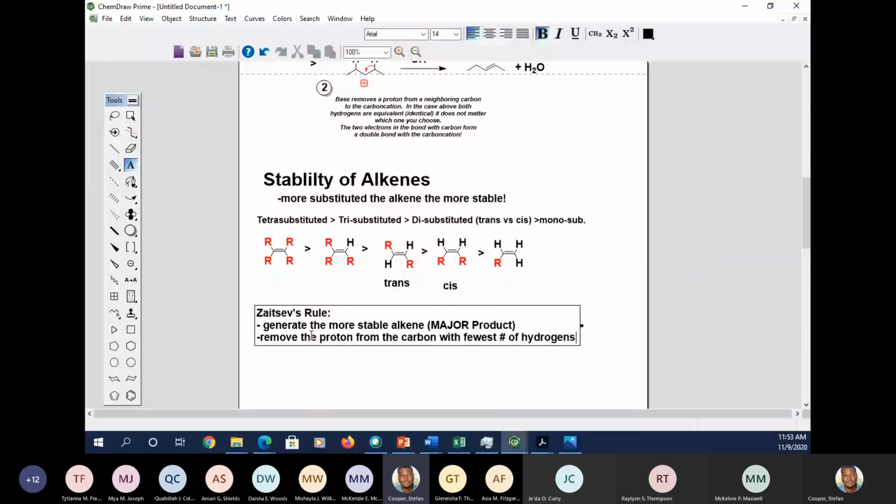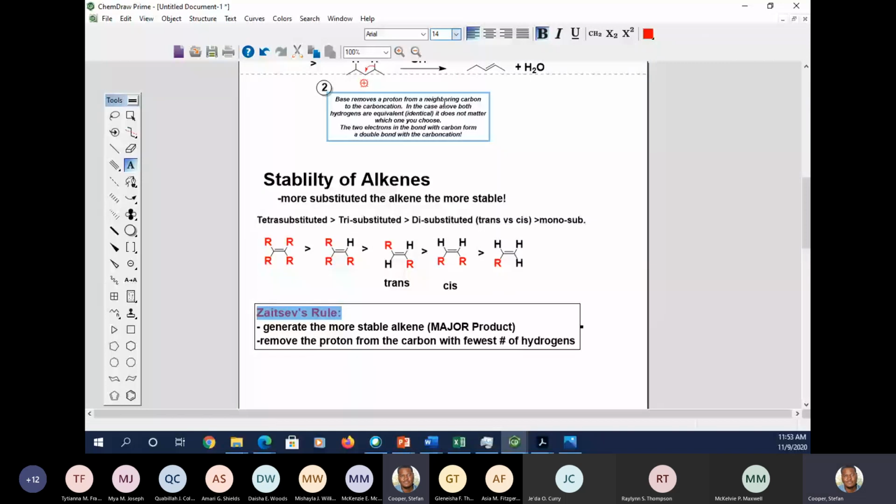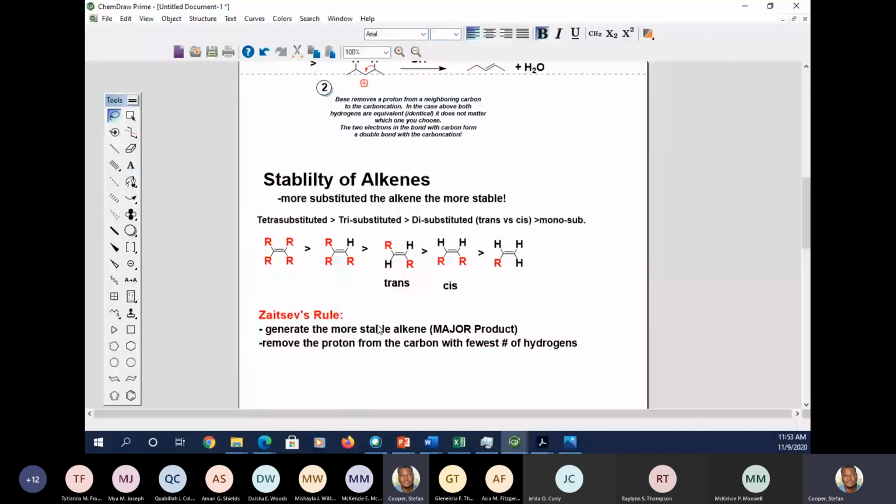This becomes very important very soon, because we have to make a choice on which hydrogen to pull, and we're going to use Zaitsev's rule to choose the right one. So we need to remove the proton from the carbon with the fewest number of hydrogens.